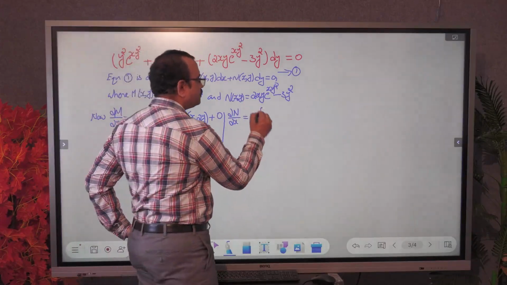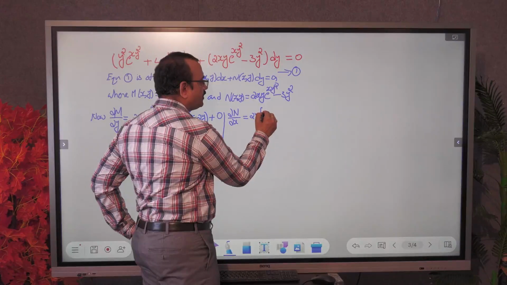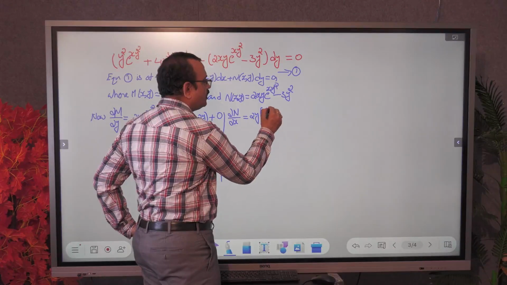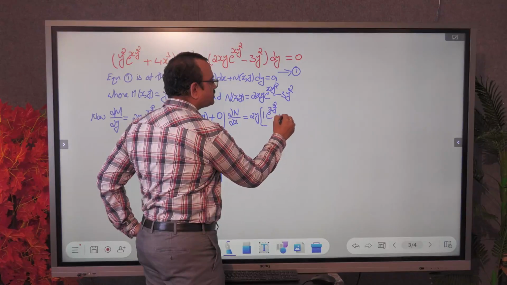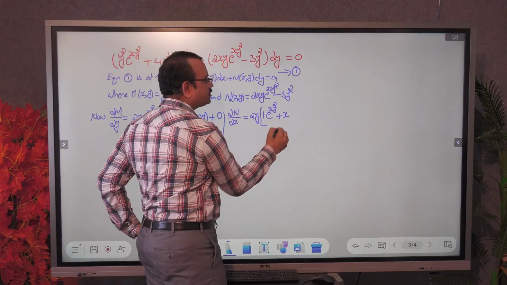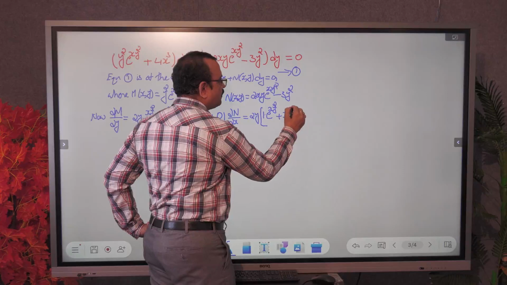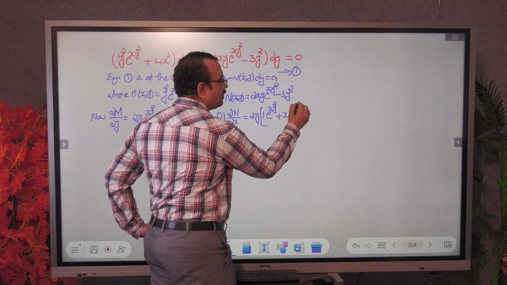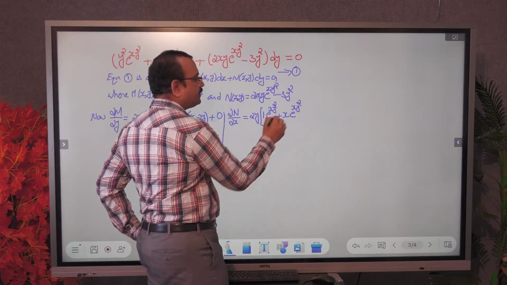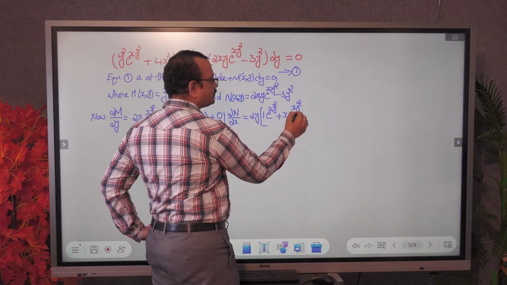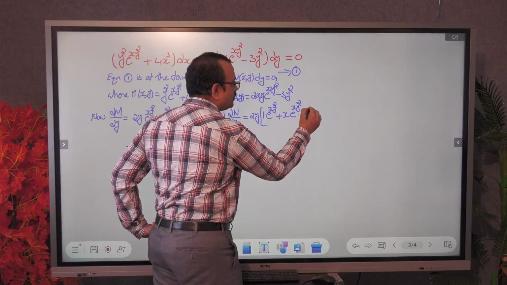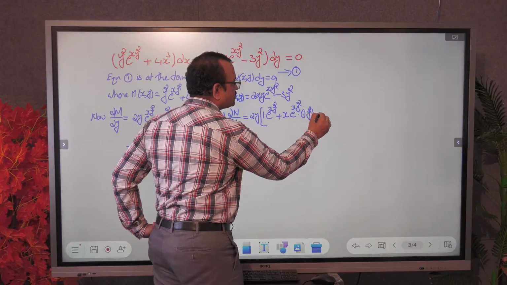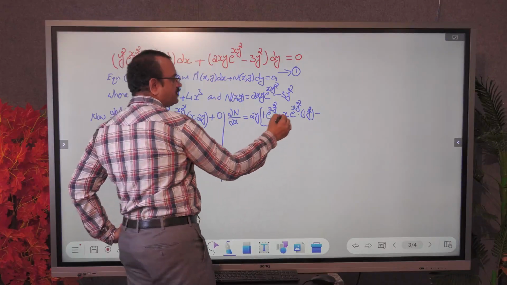First I calculate the derivative of x as 1 into e^(xy²), plus leave x, and the derivative of e^(xy²) is e^(xy²) into, by the chain rule, y² is constant, derivative of x is 1, so 1 into y². So this first term is over.